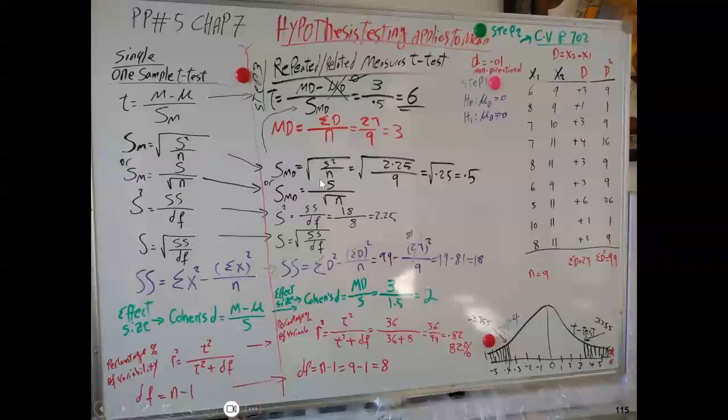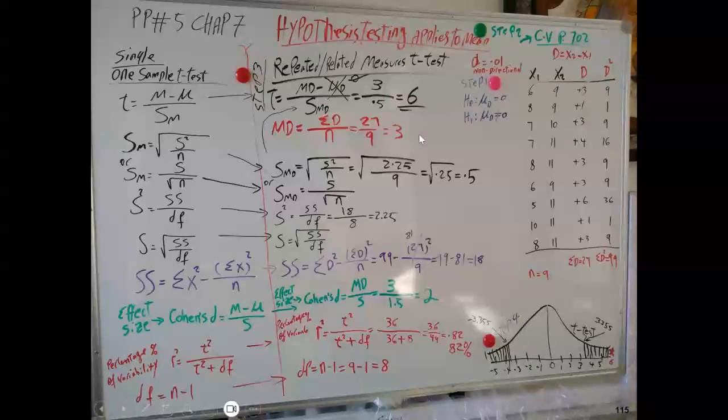The square root of 2.25 divided by 9 is the square root of 0.25, which is 0.5. So we put that 0.5 as the denominator of that T formula: numerator 3, denominator 0.5. So our calculated T is 6.